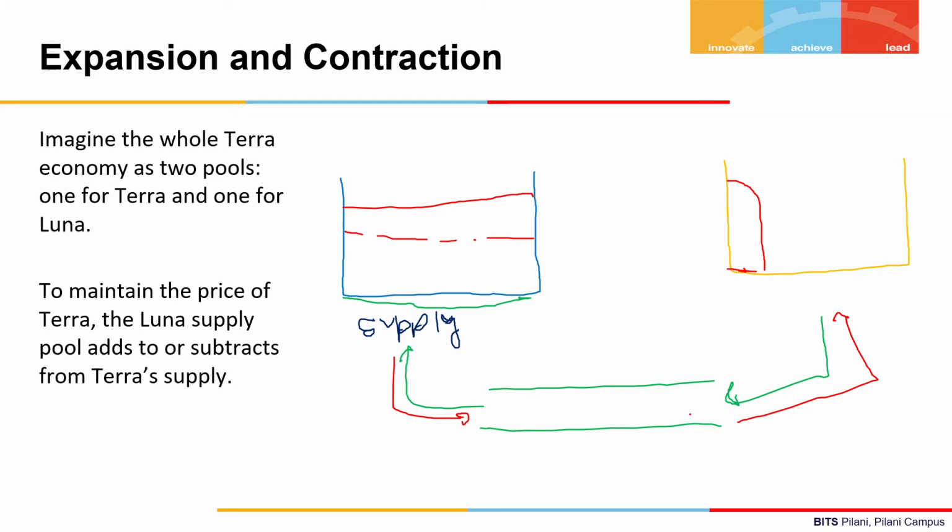So we send the Luna coins into our machine, and then we generate some Terra coins. So the supply of Terra coins increases, and the volume, which was initially over here, now when the supply increases, we have this new container over here, this new pool.